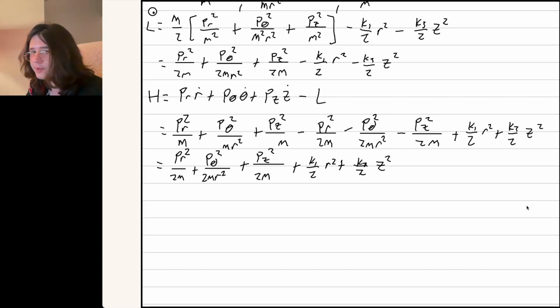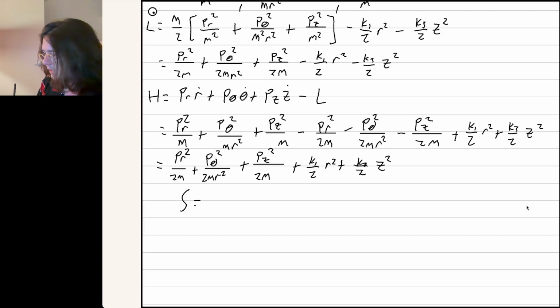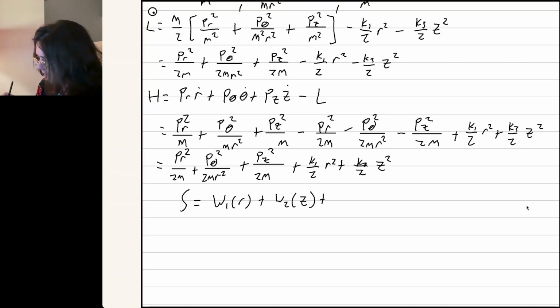This time we're going to be writing our Hamilton's principal function with a characteristic function of r, a characteristic function of z, and then a constant alpha theta, which is going to be angular momentum, times theta, and then minus alpha r times t, minus alpha z times t.